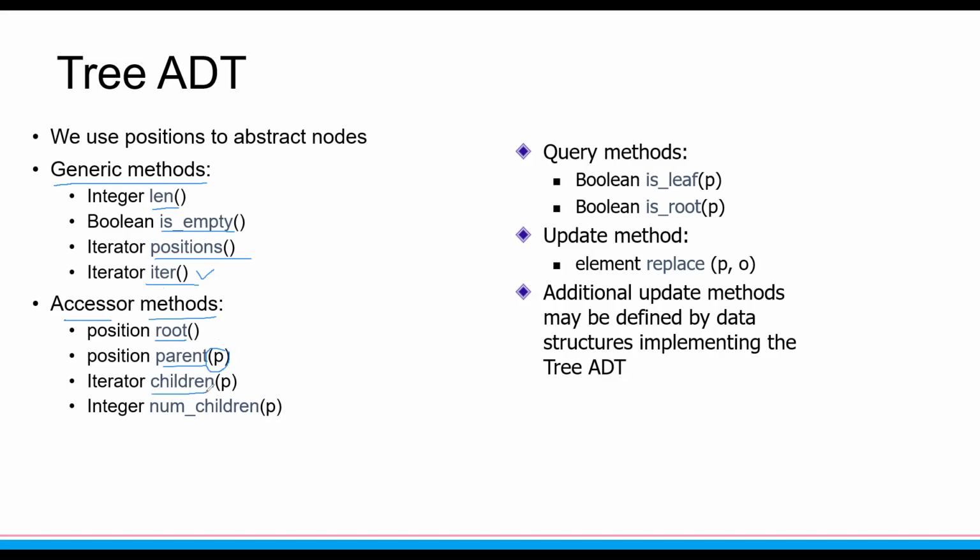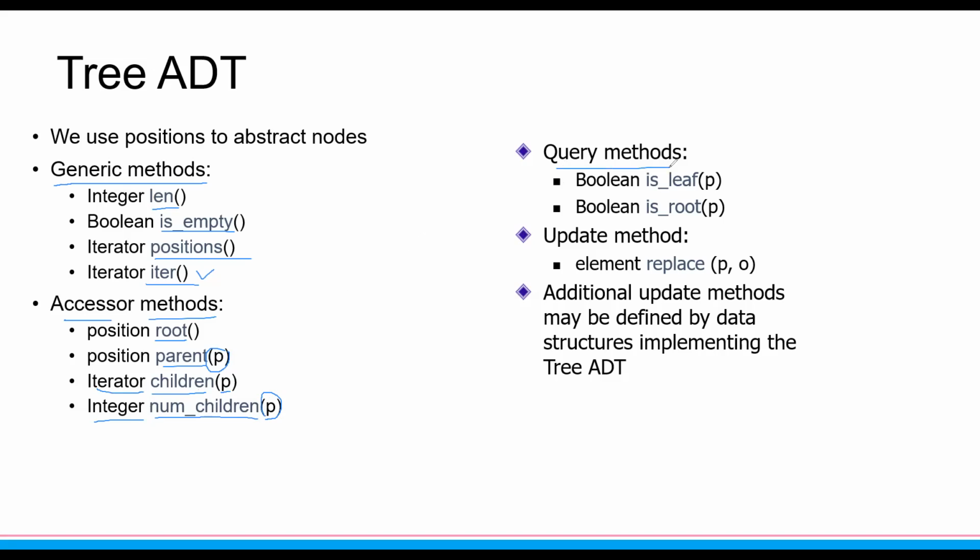If there is more than one child, then we will do the iteration, or we will use the iterator. So the children of P is the position. And then we want to know, for example, the number of children of a position P. Then we can just use any class like this one, integer.